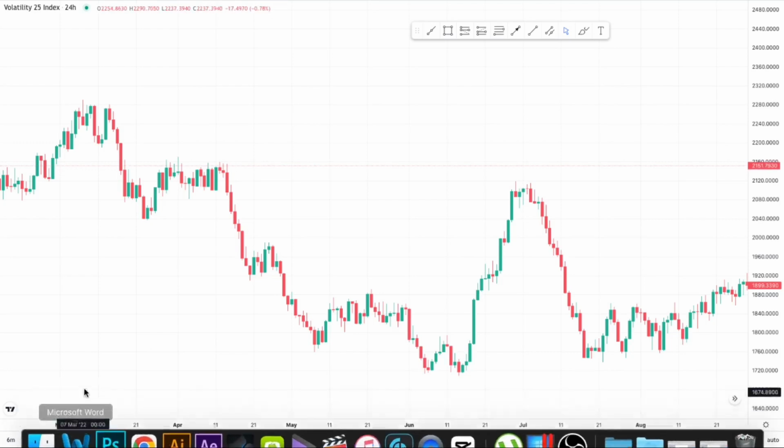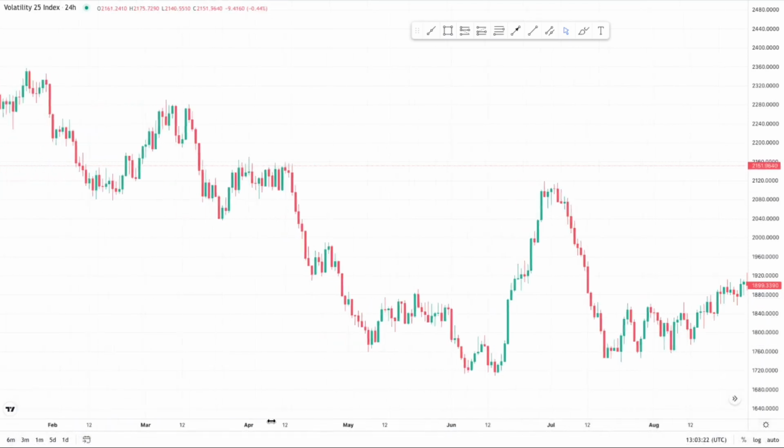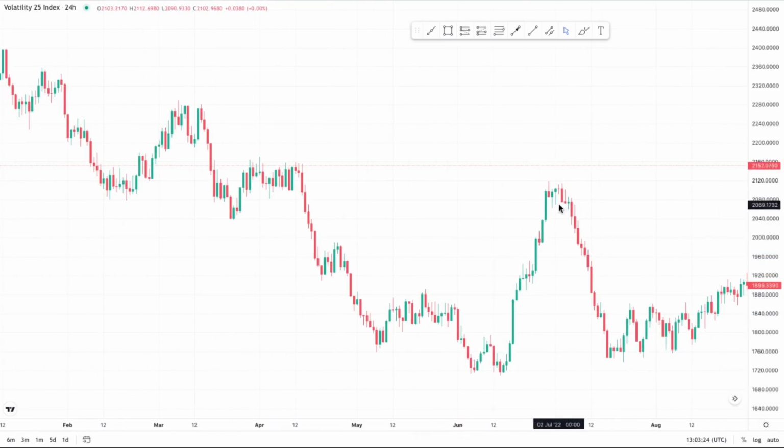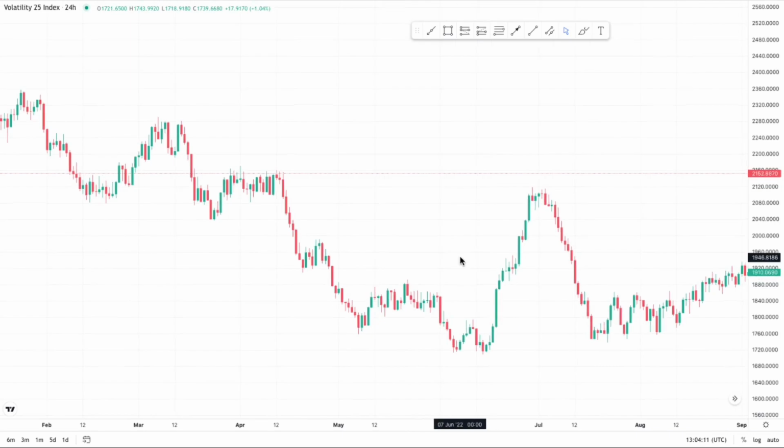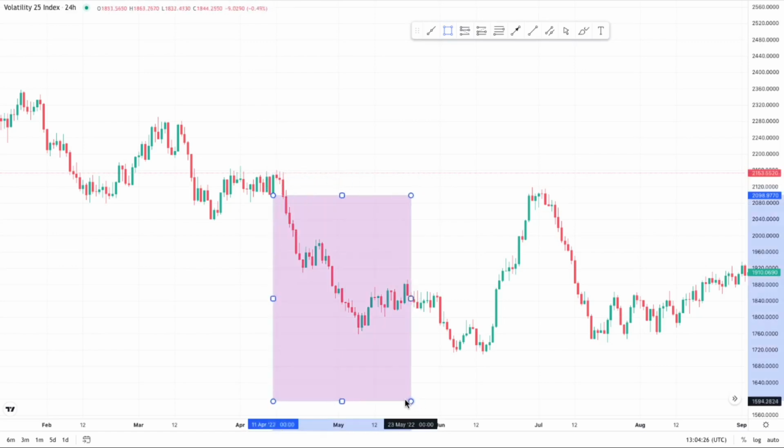So in today's lesson, we're going to be learning what an order block is and when to expect to trade order blocks. To start with, traders see an order block as the last bullish candle before a major downward movement of price. For example, here we can see this green candle, let me zoom in.